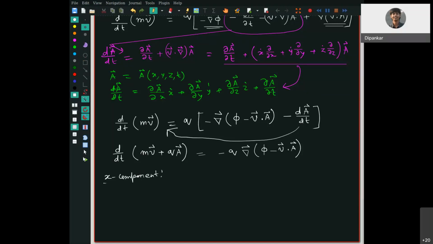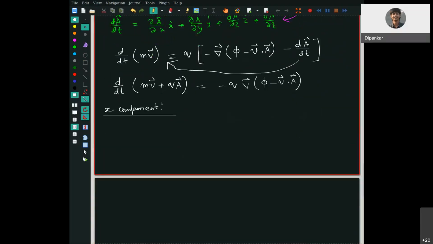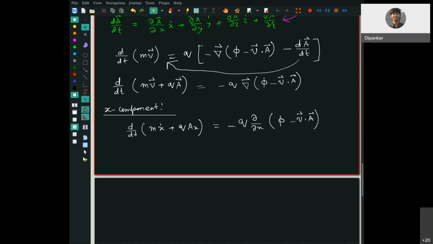So if I focus on my x component first, it reads d/dt of (m x dot plus q Ax) equals minus q del x of (phi minus v dot A). So done for the x component, I got this one.